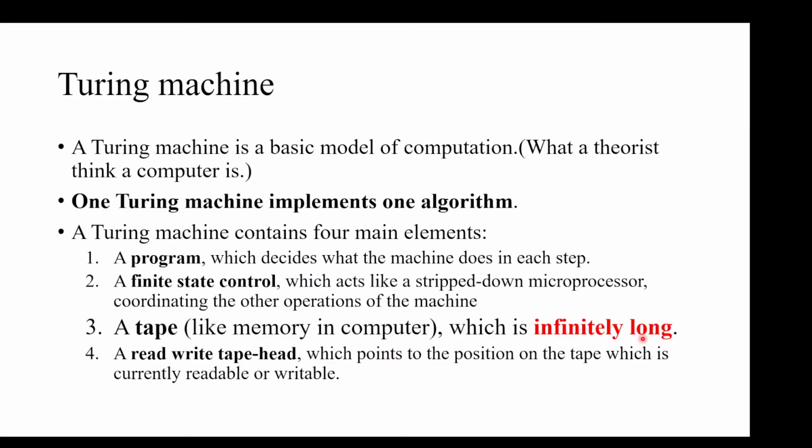One Turing machine corresponds to one algorithm. In some sense this is different from the machines we have now, because my laptop is pretty general purpose and does a lot of different things.